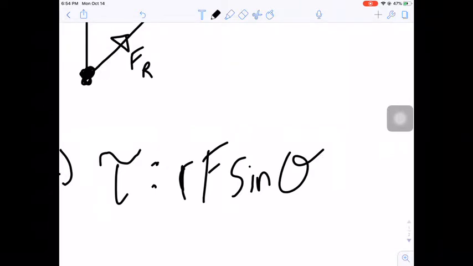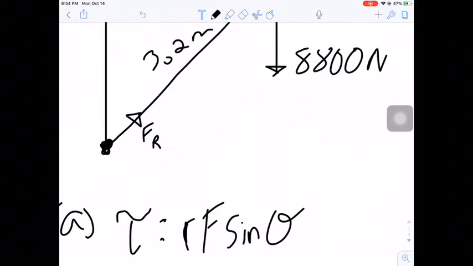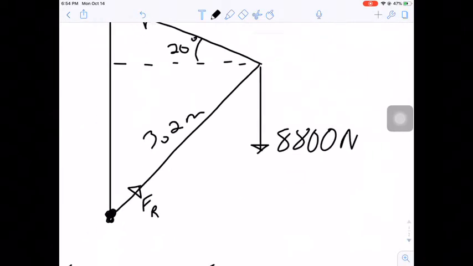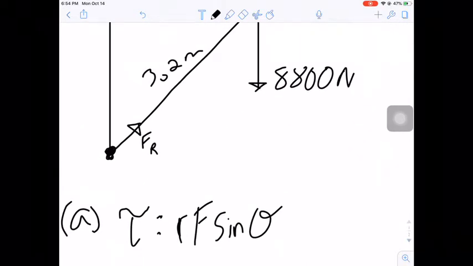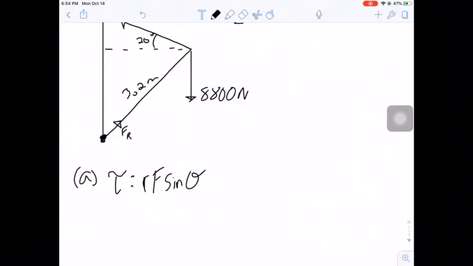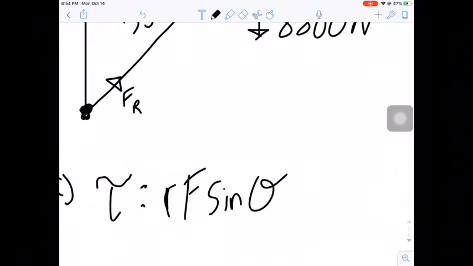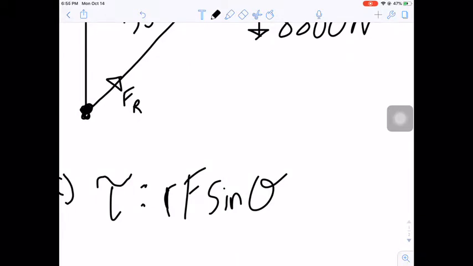Also what I learned from this is that the angle you use in torque has to be the angle between whatever force you're using and the R. It can't be some random angle. It has to be the angle between R and the force. That's where I messed up when I was doing the problem, and probably a lot of people mess up, is they don't know which angle to use.